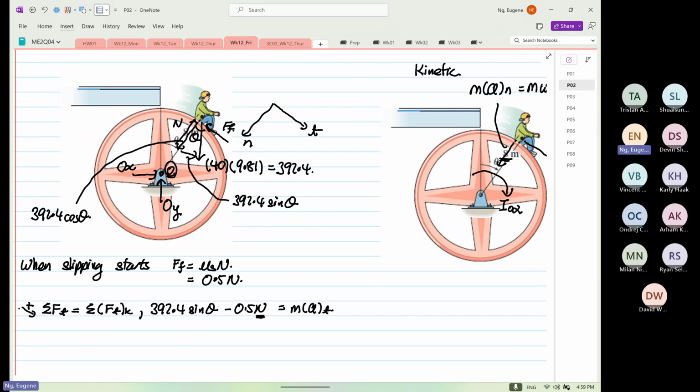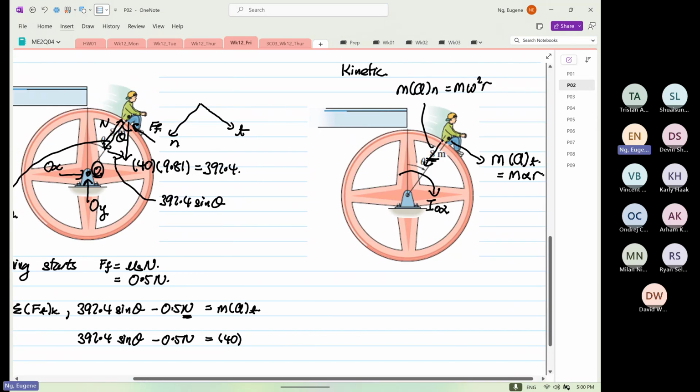So from here, we just need to write this out. 392.4 sine theta minus 0.5 N. And the mass is equal to how much? How heavy is the boy? 40, right? And then 40 is equal to alpha multiplied by r.